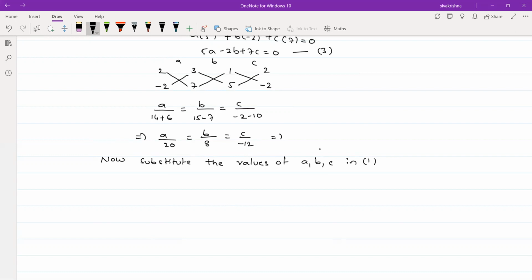It means we can cancel 4 from those 3 values. If we cancel 4 from every term, we get a by 5 is equal to b by 2 is equal to c by -3. Okay, now we are going to substitute these particular values in equation 1.